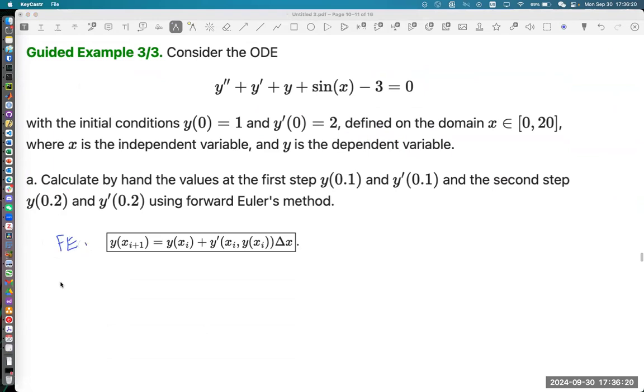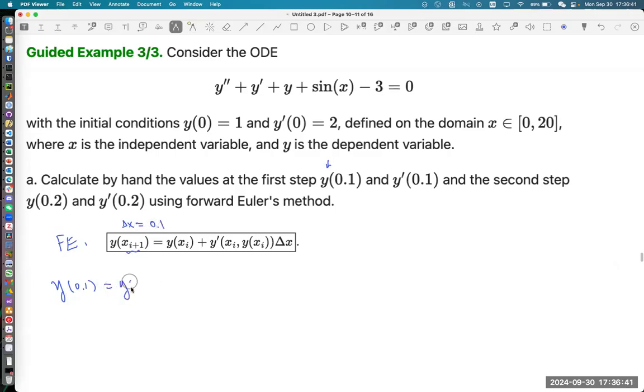So if we want to calculate by hand the first step, then we start by the lowest order. So this is zero order and the first order derivative. So we have y of 0.1, which is the i plus 1. We already know that delta x here should be equal to 0.1.